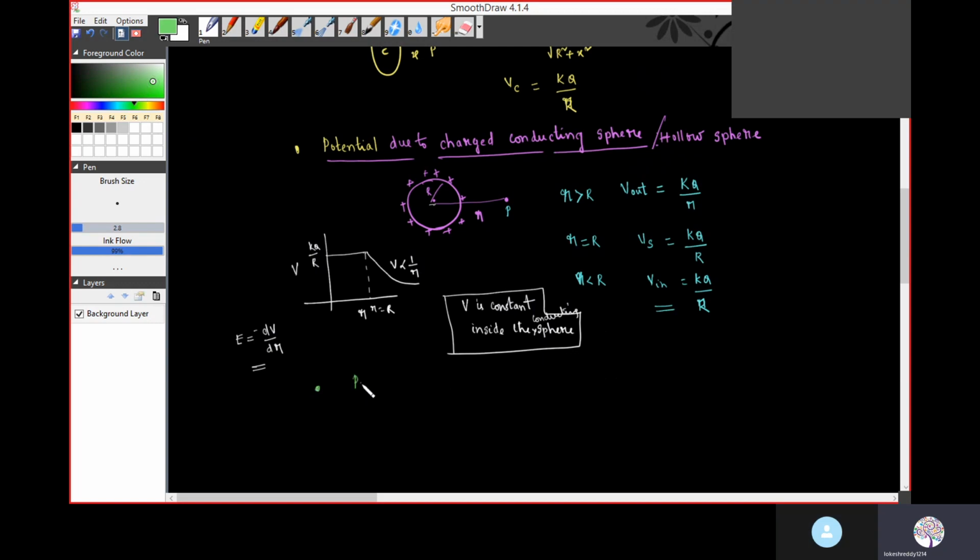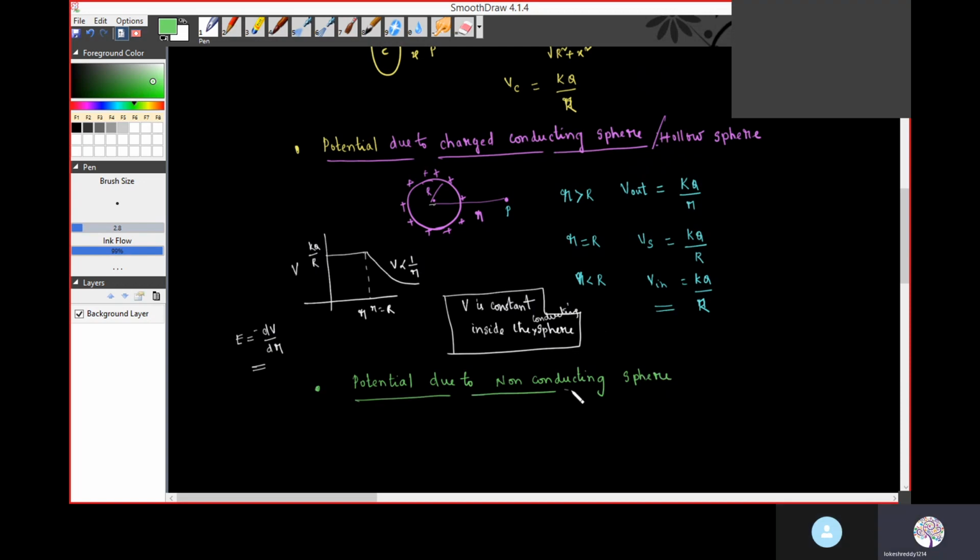Next one is potential due to a non-conducting sphere. We already wrote for the conducting one, so we will discuss the non-conducting sphere.